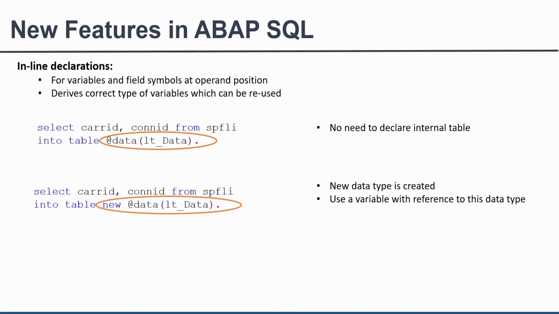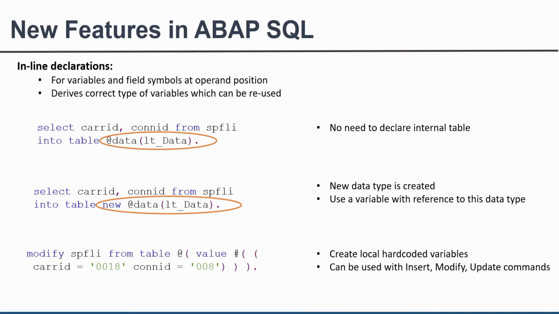Here you can see the second example: select carrid, connid from SPFLI into table @DATA(lt_data) with the new addition NEW in the select statement. With this addition, lt_data will be created as a separate data type which you can use for declaring any other variables. You can now declare any other variable saying type of lt_data. So this is a new addition which can be used in your inline declaration syntax.